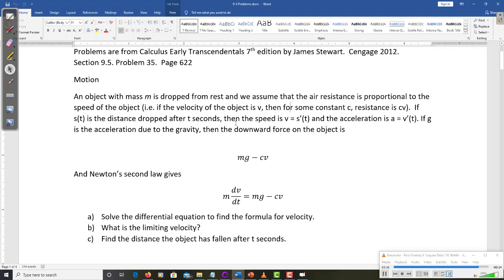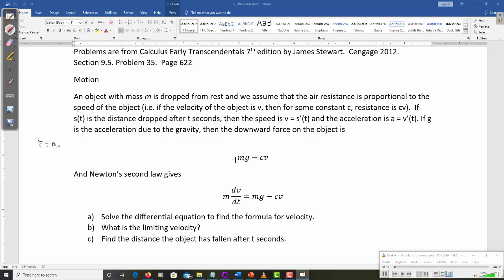If we set s to be the distance the object falls after t seconds, then of course the derivative, the rate of change of distance, is velocity. And the acceleration is the derivative of velocity, or the second derivative of position if you prefer. From Newton's second law, force equals mass times acceleration.